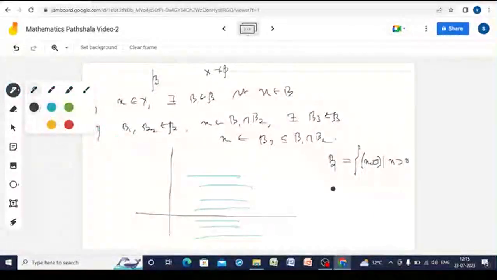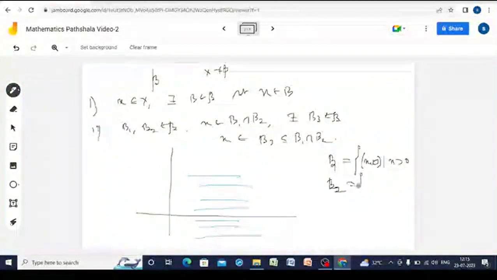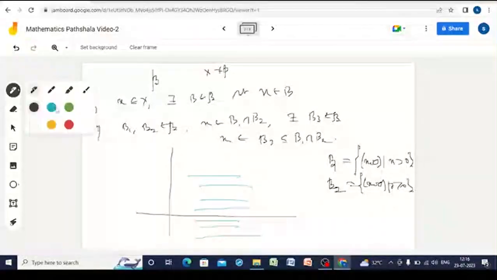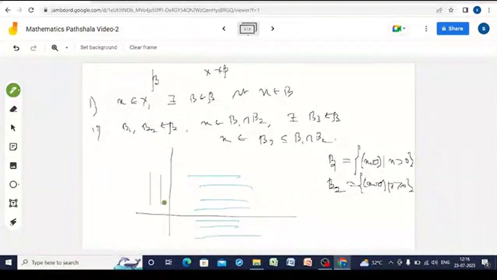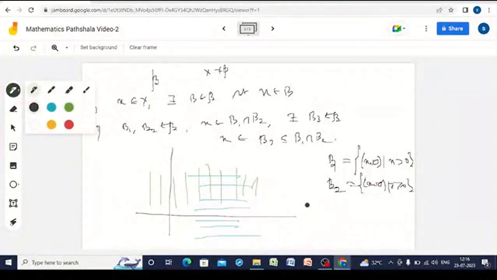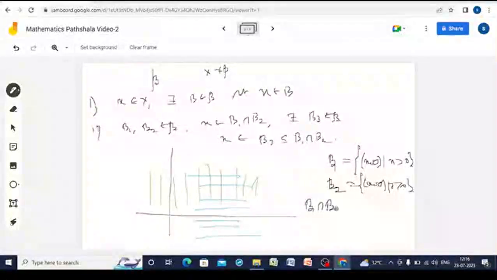And consider another right half plane B2, equal to the collection of all (x, y) such that y greater than 0, that means this area. So clearly B1 intersection B2 will be the set of (x, y) belonging to R2 such that x greater than 0 and y greater than 0, the area in the first quadrant excluding the x axis and y axis.